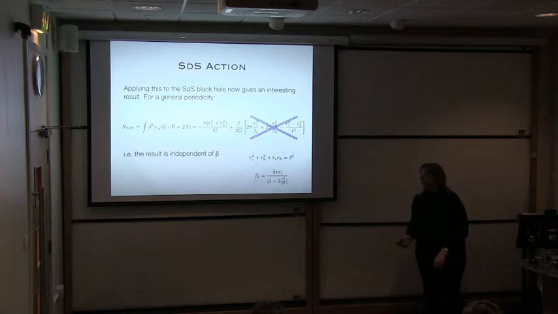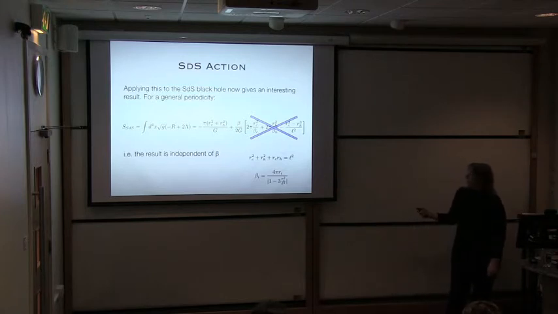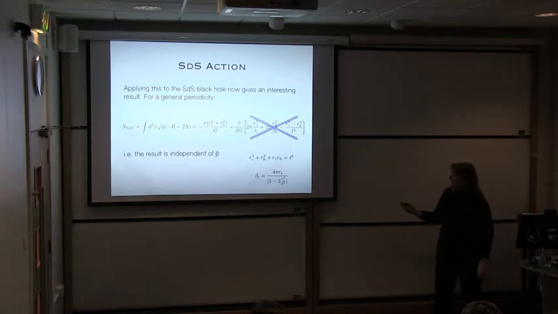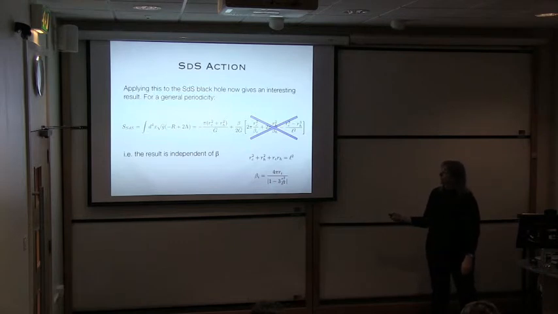It's just one of those things where all the bits that would depend on whatever arbitrary periodicity you've chosen just fall out, and what you're left with is an expression which is purely in terms of the cosmological horizon and the black hole horizon radius. So this was our first sign that this was a sensible thing to do, because we're now able to compute an action for a space-time that is independent of periodicity.